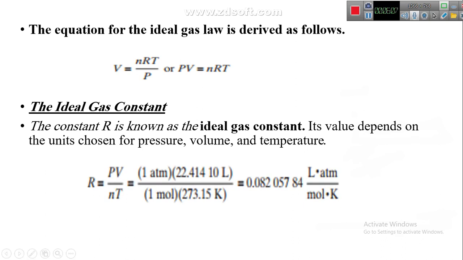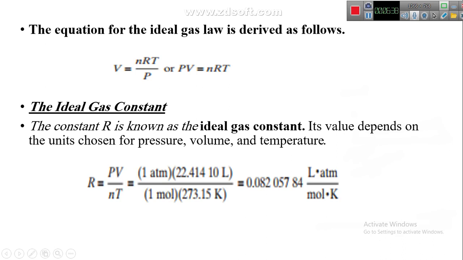P is the pressure at standard temperature and pressure, STP, which is 1 atm. The volume at STP is 22.4 liters, n is 1 mole, and the temperature is 273.15 Kelvin.